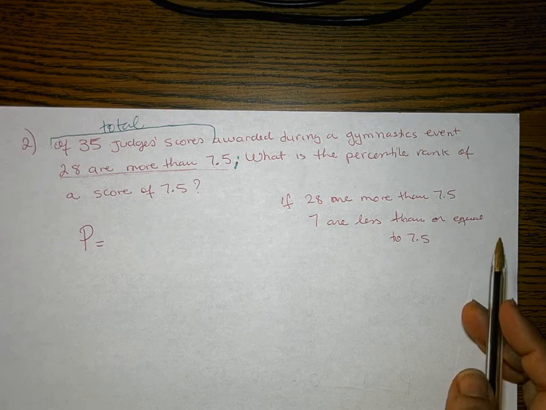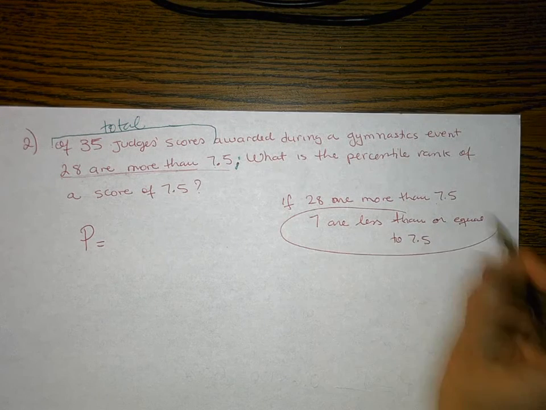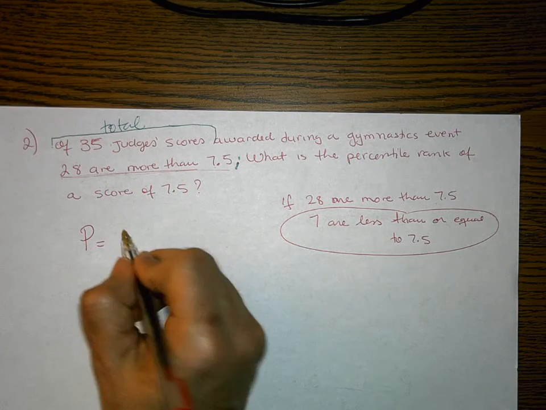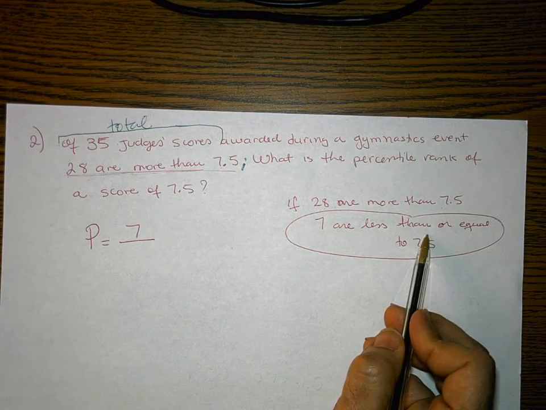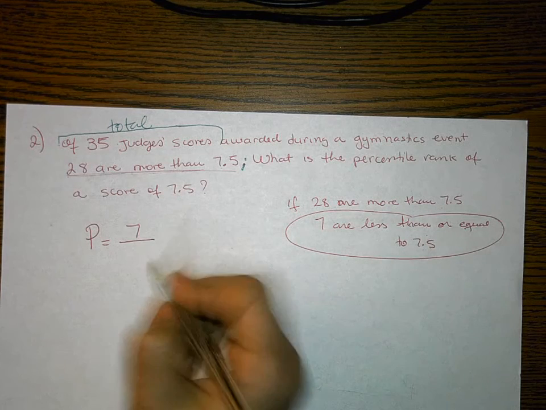And that is the magic number I need. So that would be 7, divided by the total scores given.